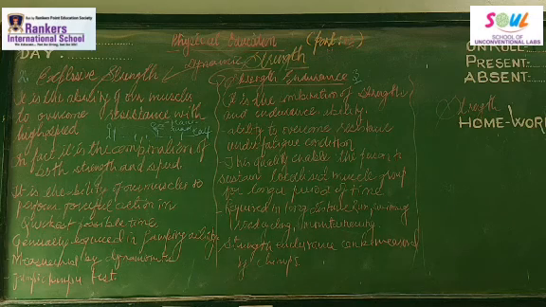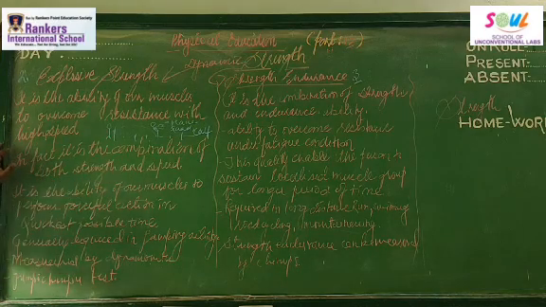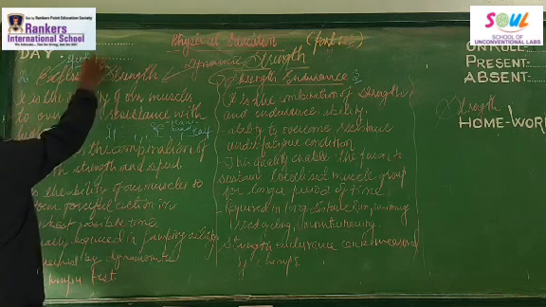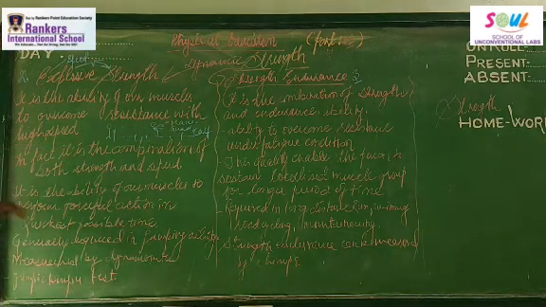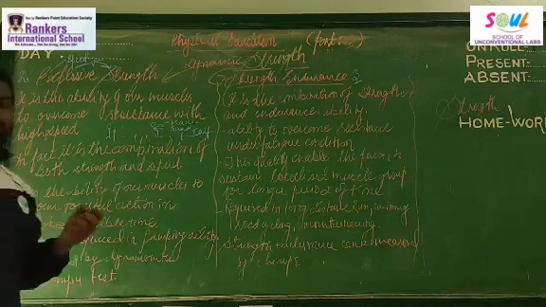I hope you understand that also. In fact, it is the combination of both strength and speed. Explosive means it is speed related, and strength, so it's a combination of strength and speed. It is the ability of our muscles to perform a forceful action in the quickest possible time.